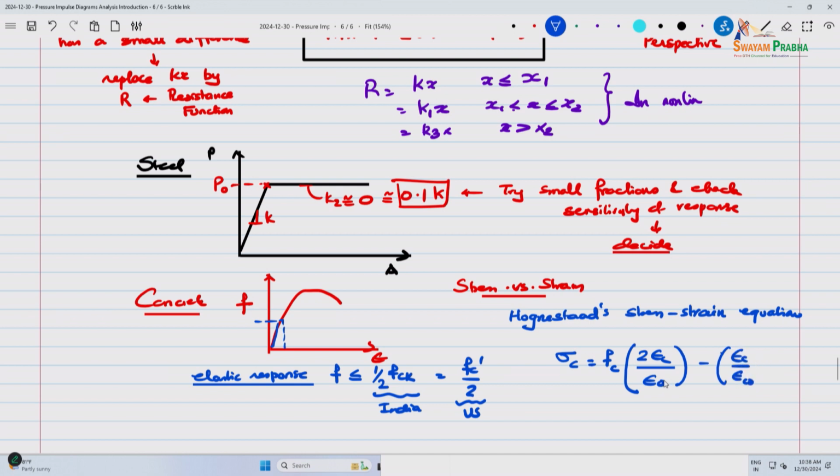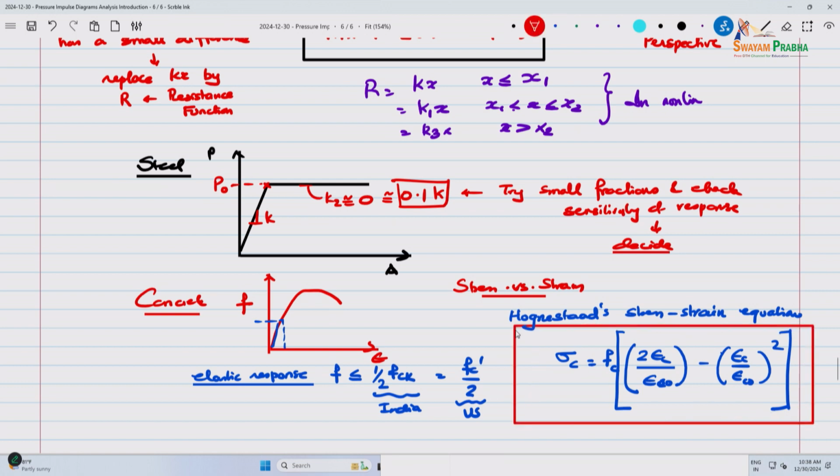This is C naught. So this is epsilon C, and epsilon C naught is the peak value here.